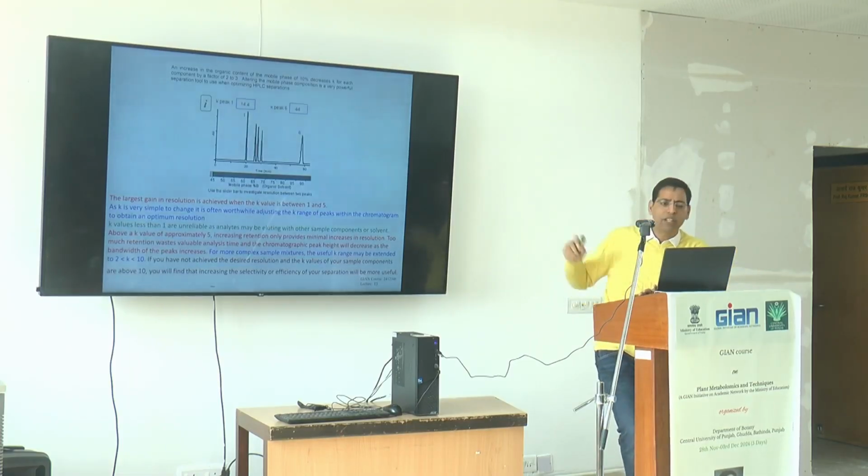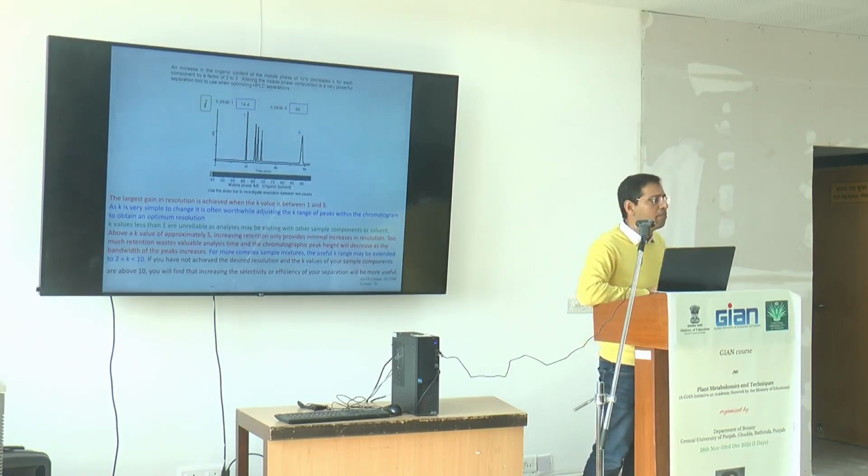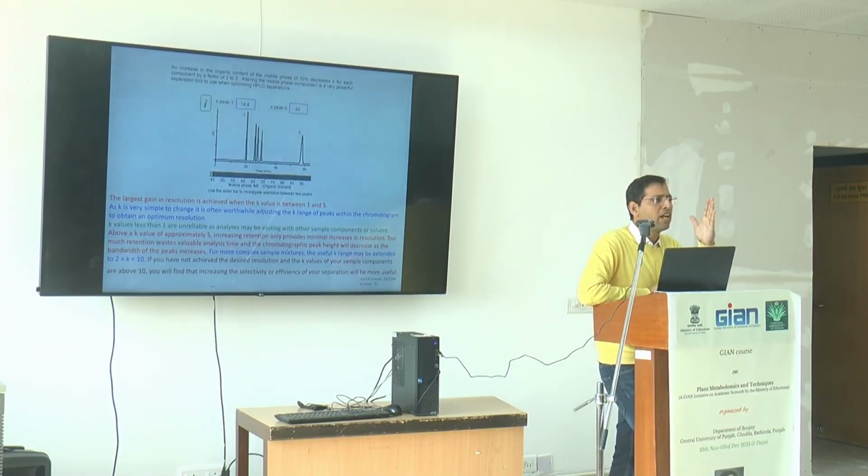So I am helping you to know how different components influence the retention factor. Many times you are saying that my retention factor is here, but I am getting a peak a little bit far away from that retention factor. If you increase the organic solvent of the mobile phase by 10%, it decreases the K for each component by 2 to 3, just try to understand.